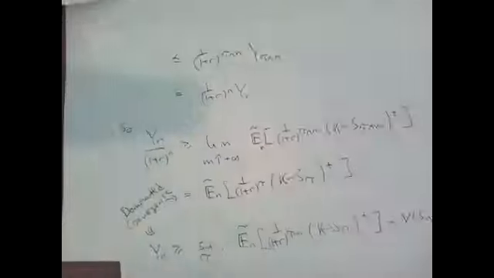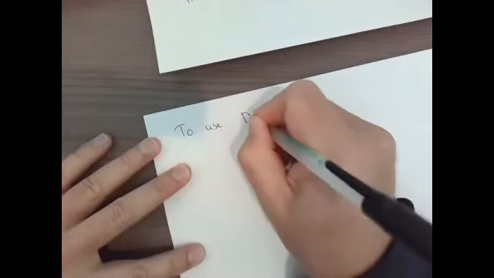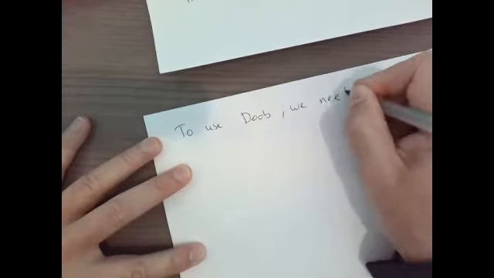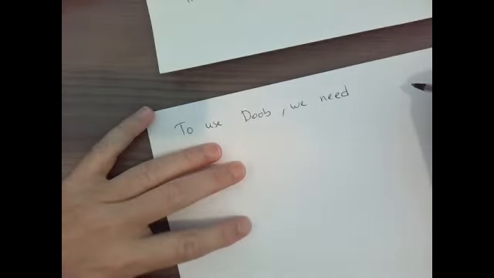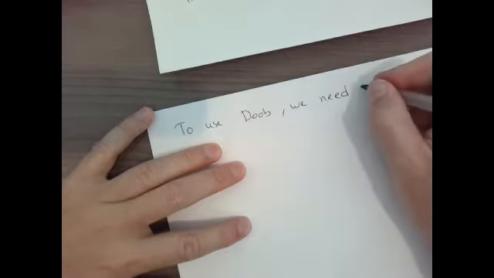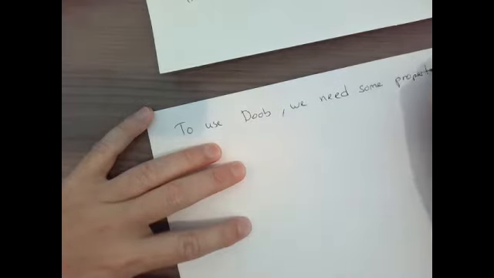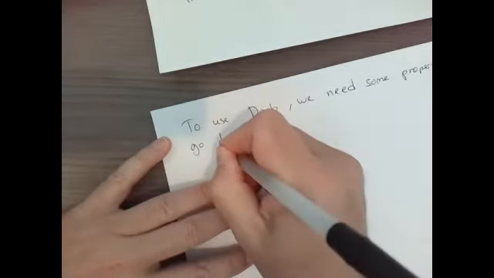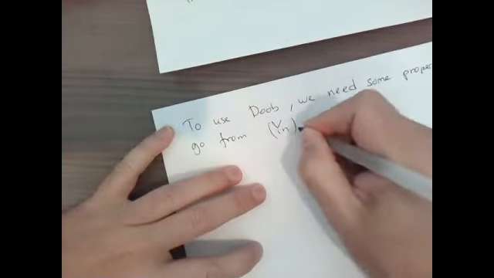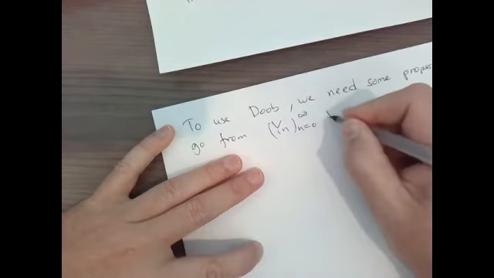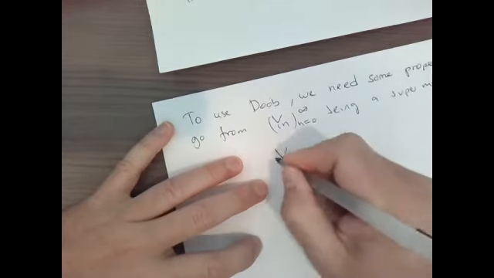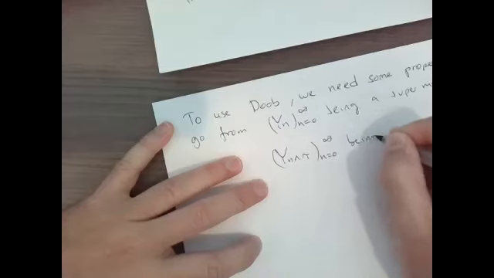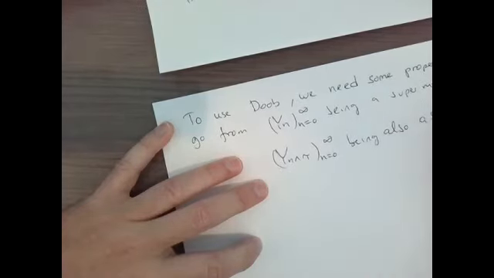It's because to use Doob, we need some properties to go from Y n being a supermartingale to Y n min tau being also a supermartingale.